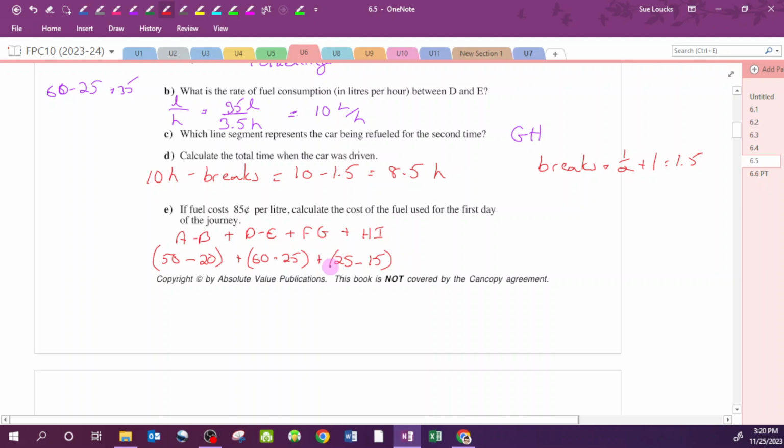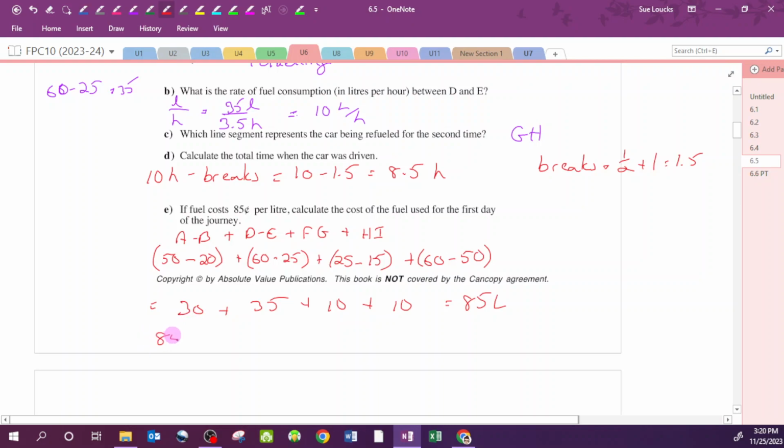Could have actually done those two as a constant amount, but I didn't see that the first time. That's okay. And H goes from 60 down to 50. So we use 30 liters here and 35 and 10 and 10. And if I add that all up, I get 85 liters of gas was used.